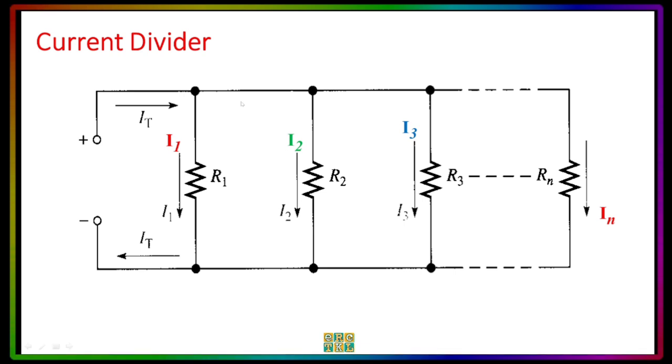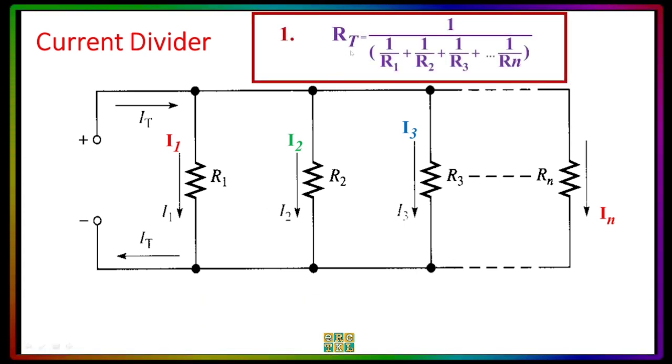Now, the current divider general formula will be like this, and as you can see, we have I1, I2, I3 up to IN. N represents any number of resistors in parallel. So, if we will be doing the general formula for R total, not two branches but more than two, this will be 1 over, 1 over R1 plus 1 over R2 plus 1 over R3 plus and so on, 1 over Rn.